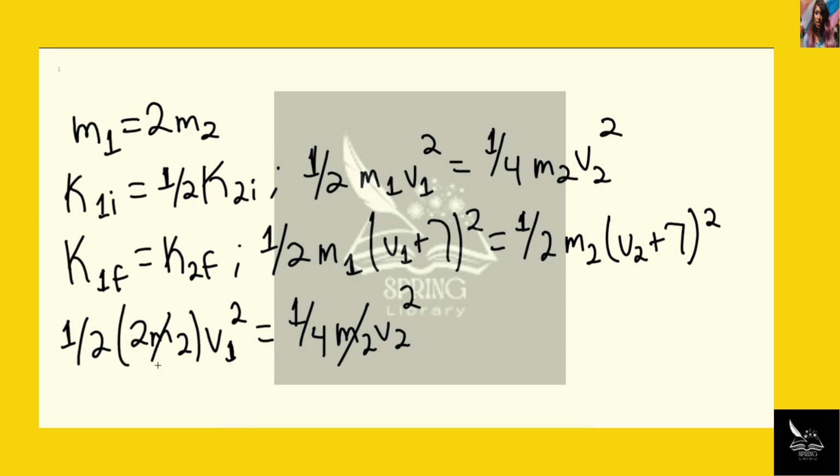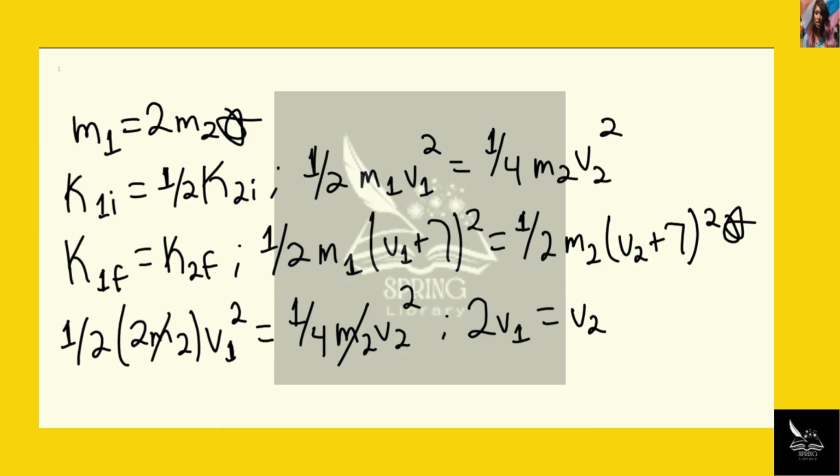The mass, of course, cancels out, and we have that 2 times the velocity of the first mass equals the velocity of the second mass. My apologies, just mass.